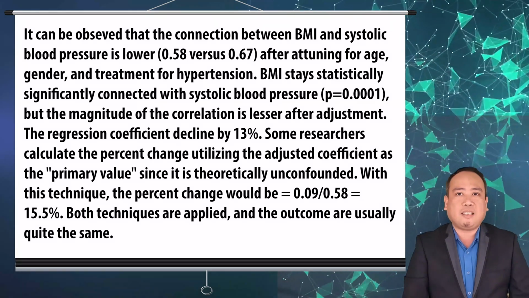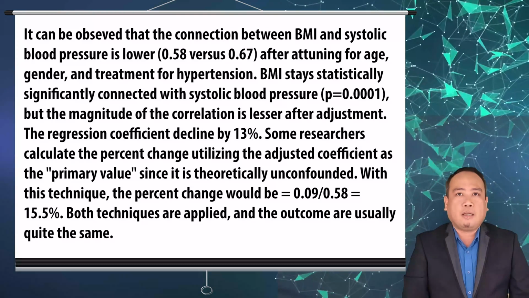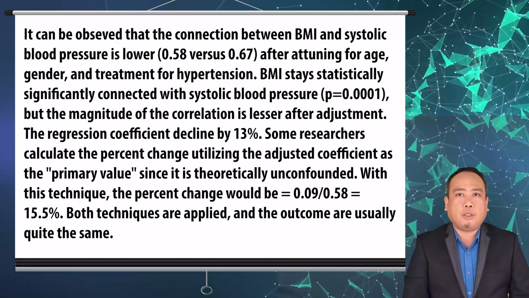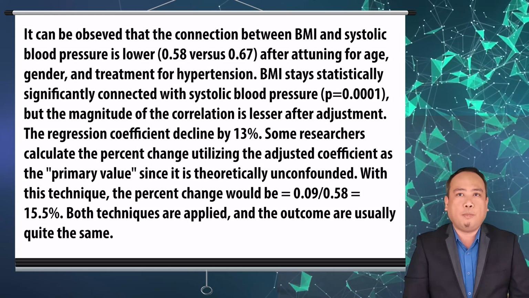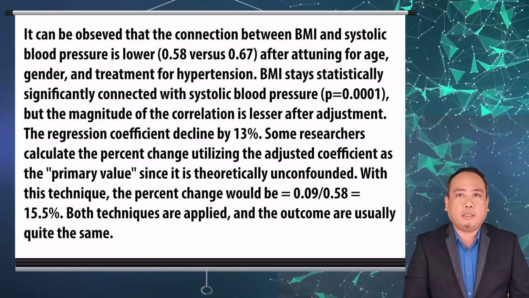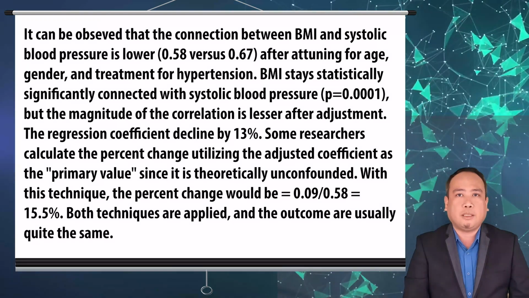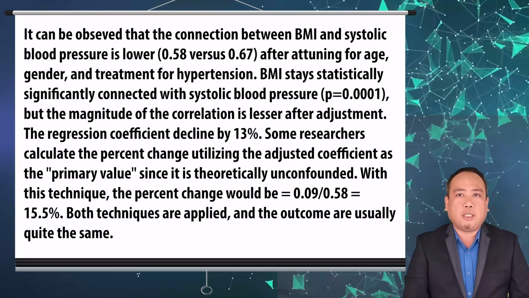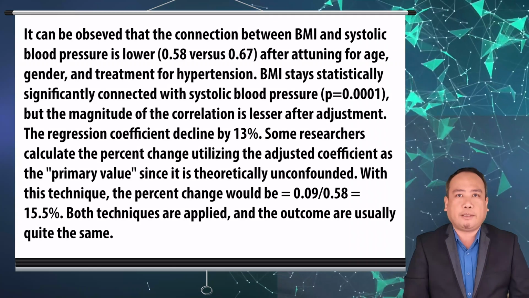BMI stays statistically significantly connected with systolic blood pressure, with P is equal to 0.0001, but the magnitude of the correlation is lesser after adjustment. The regression coefficient declined by 13%.